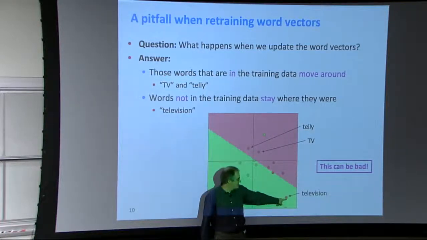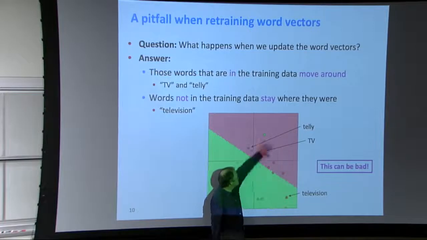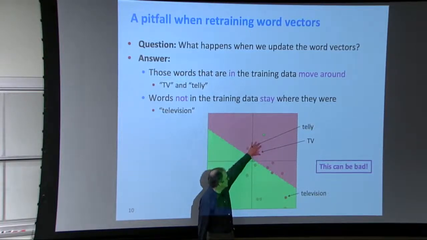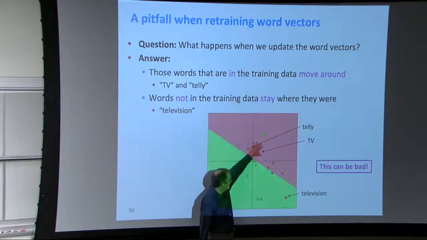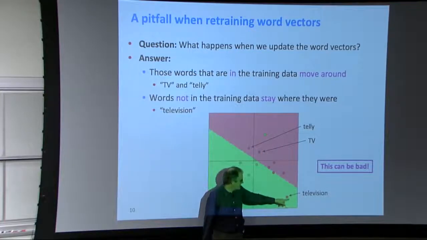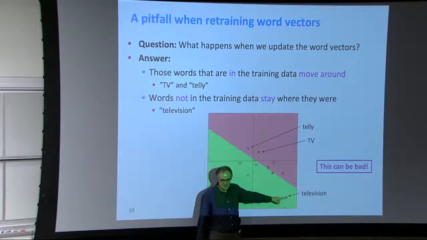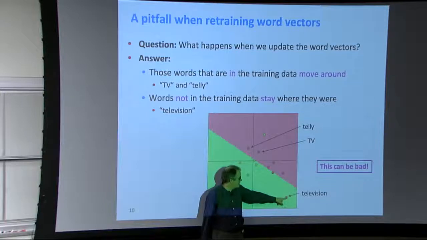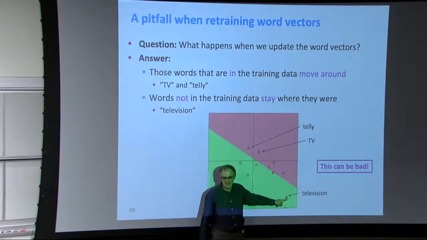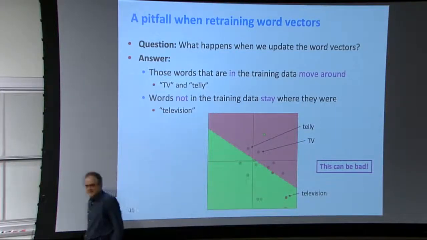So this word goes nowhere. It just stays where it was all along. So if the result of our training is that words get moved around, so here are good words for indicating negative sentiment, then at test time, when we're running our model, if we evaluate on a sentence with television in it, it's actually going to give the wrong answer.